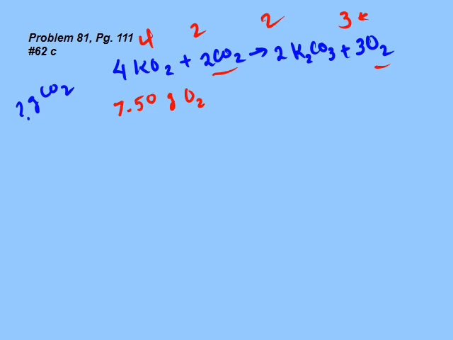These are moles. So before I use those relationships connecting moles of oxygen to moles of CO2, I'll have to change gram of oxygen to moles of oxygen. So my first step is going to be gram of oxygen on the bottom, mole of oxygen on the top.